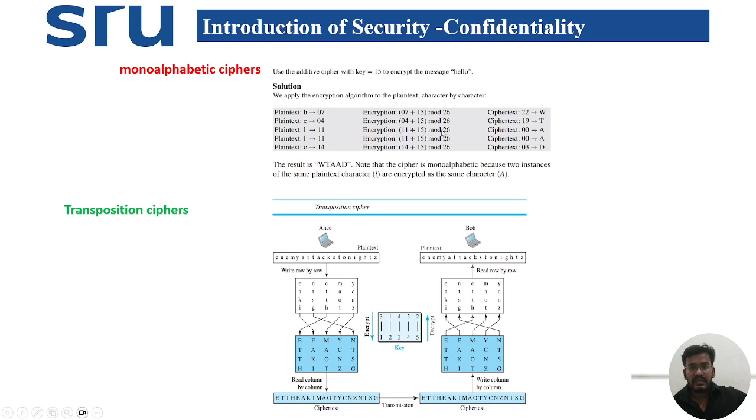If it is 26, we take it as 0, and we set the mod like that within the limit.